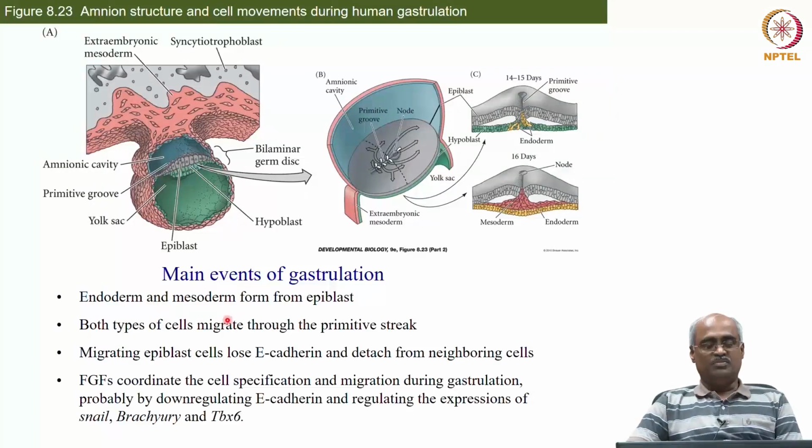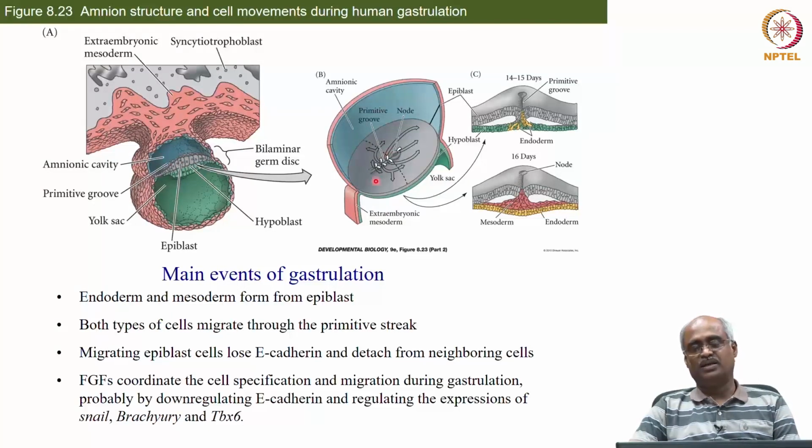So the main events of gastrulation is basically these cells start migrating in between the two layers as shown here. So the formation of this what we call as the primitive streak. So this is the posterior and this is the anterior, and this is the node. Okay.